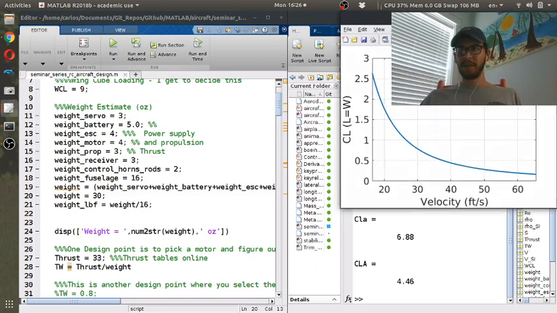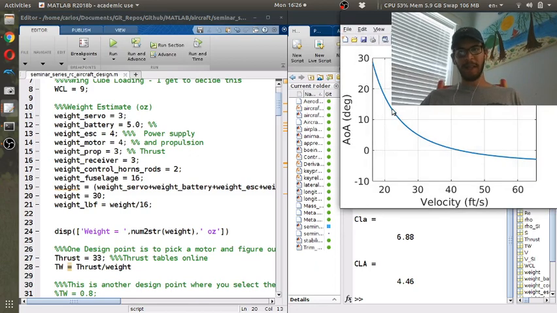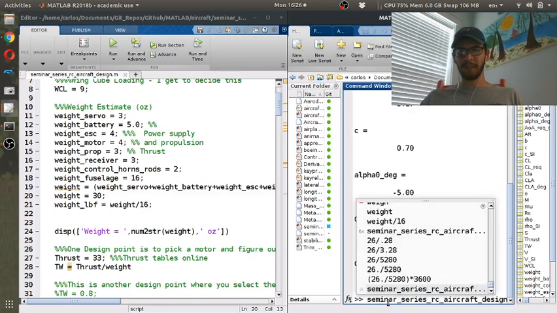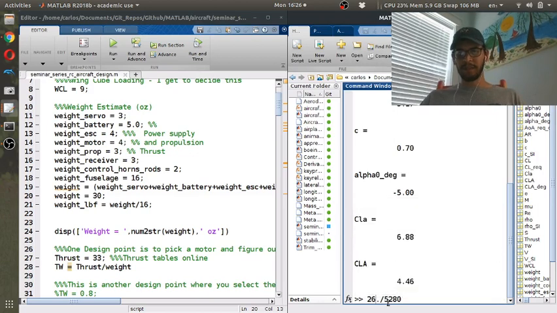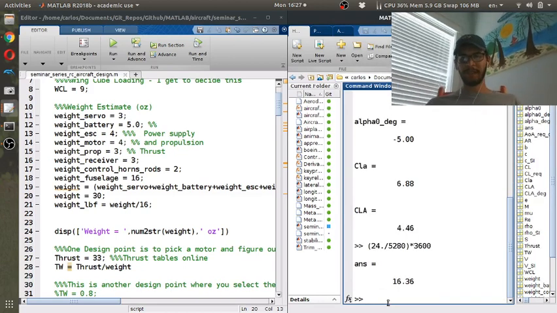So now let's see where that 12, see now look at that. See my 12 degree, yeah, there's like 10 degrees. Now I'm at 24 feet per second. And so I guess that didn't really change much. 26 to 24, 3,600. Okay, 16 miles an hour.